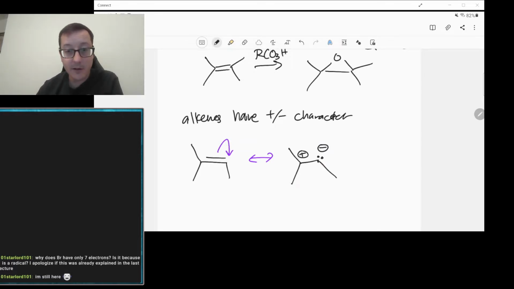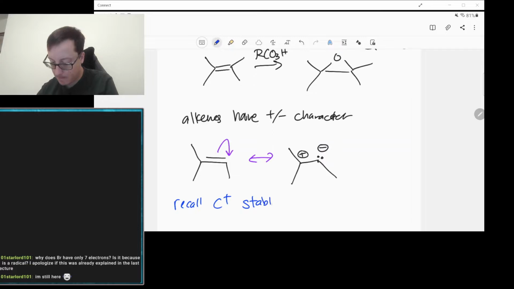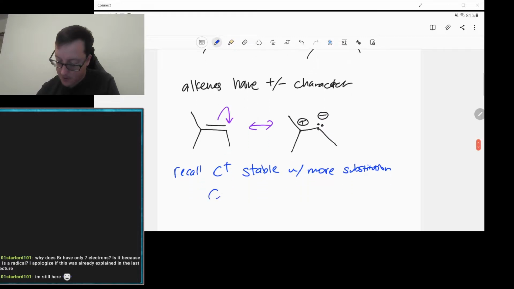Of course, the resonance is not very likely, right? Because it's clearly destabilizing the molecule. But just due to this, we can see that we typically will have a little bit more electron density on the less substituted carbon and a little less electron density on the more substituted carbon. We remember that carbocations are stable with more substitution, and that carbanions are stable with less substitution.